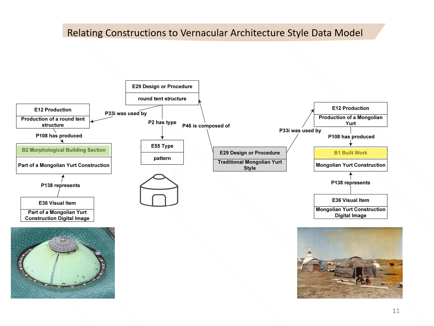Vernacular architecture often exhibits distinctive architectural features that are readily identifiable and closely tied to specific cultural practices. To support the semantic representation of such relationships, this part of the model employs the CRM-BA extension, specifically the classes B1 Build Work and B2 Morphological Building Section, both of which are subclasses of E25 Human-Made Thing.